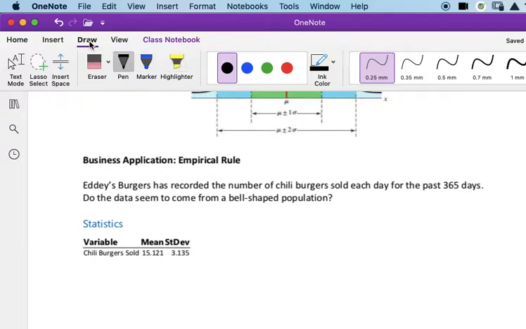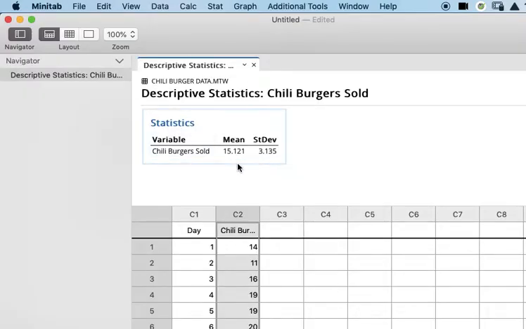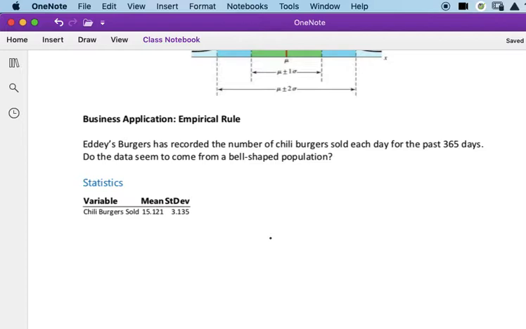So I already found my mean and standard deviation in Minitab. So you should be familiar with how to do that by now. And so I'm going to go back to here. What I need to do is calculate the mean plus the standard deviation and the mean minus the standard deviation. I'm going to round the decimals here to tenths just to make the numbers go a little bit faster.